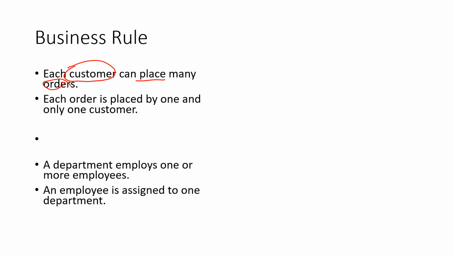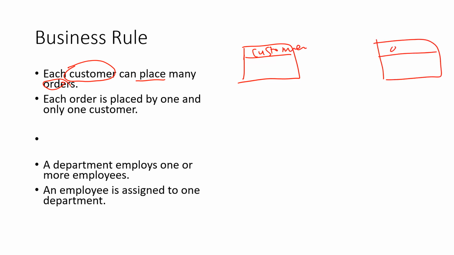So you can draw using either crow's foot or chen. So this is customer and this is an order. Each customer can place many orders, so make a connection here.